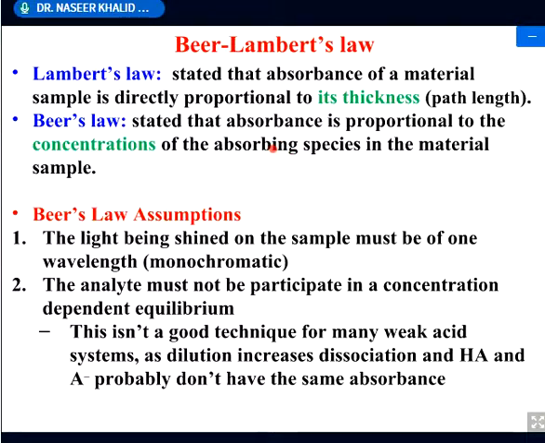A 1 molar copper solution will absorb less as compared to a 2 molar copper solution. So a 2 molar copper solution will have a higher absorption value than a 1 molar solution. By combining these two laws, Beer and Lambert, we have the Beer-Lambert law, or simply Beer's law.